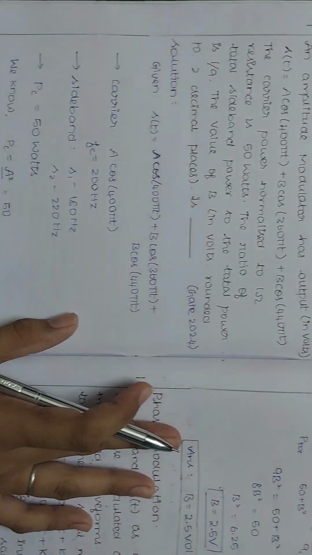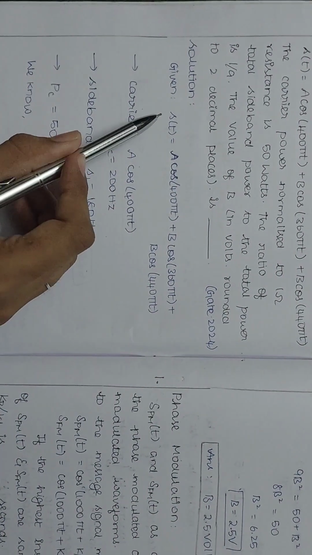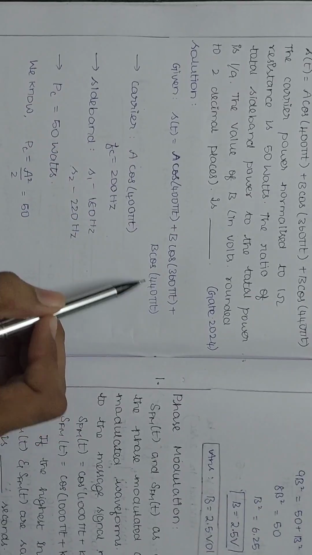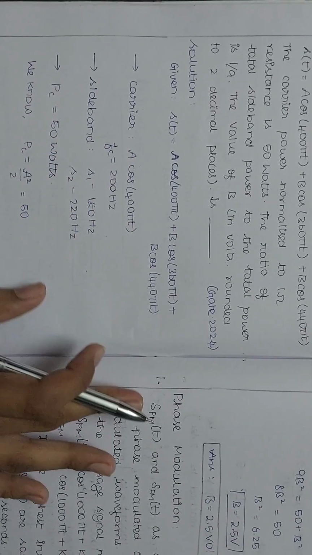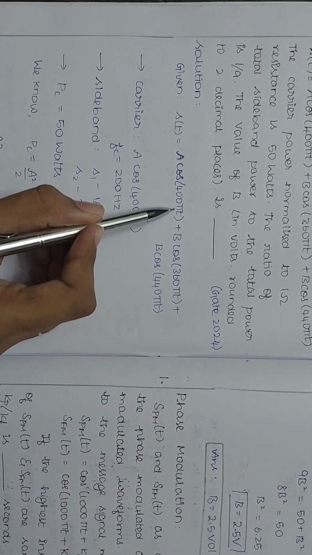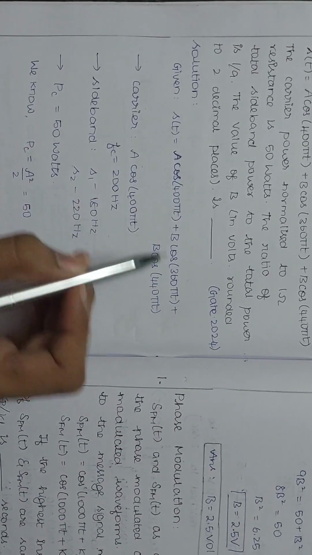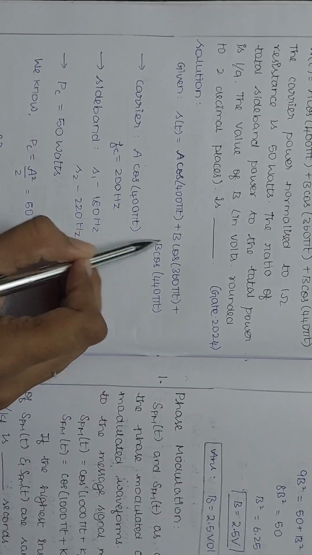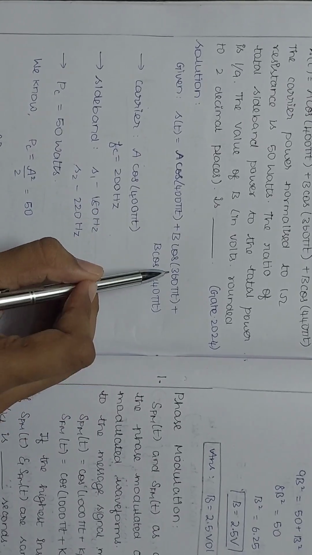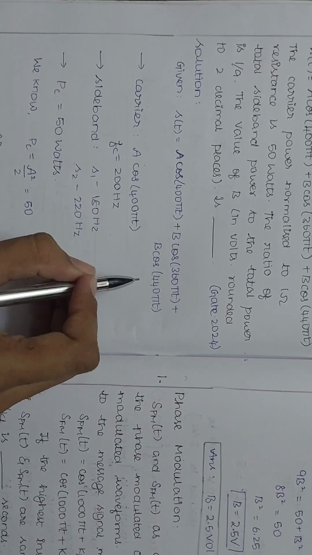Let's solve this. First, they have given S of t, the amplitude modulated signal, as A cos 400 pi t, B cos 360 pi t and B cos 440 pi t. From this we can state that the carrier frequency is 400 pi t and the message frequency is 40 pi. So FC plus FM is 440 pi t and FC minus FM is 360 pi t.